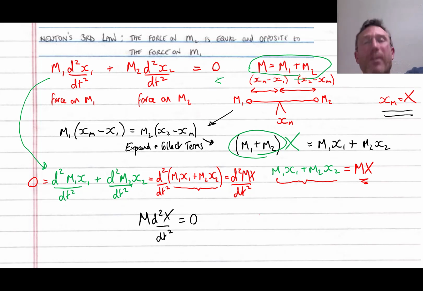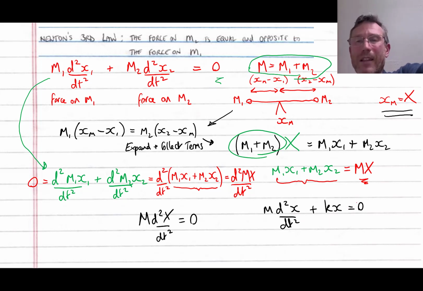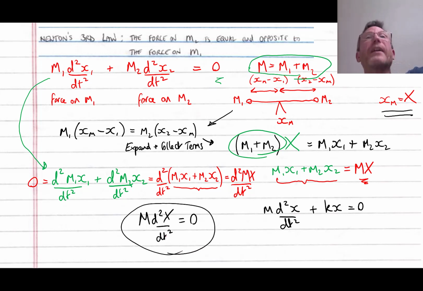So we also know, by the way, that m d squared x by dt squared plus kx is equal to 0. So the thing is, there's no force term in this expression over here. We'll come back to this. What's the point of this?